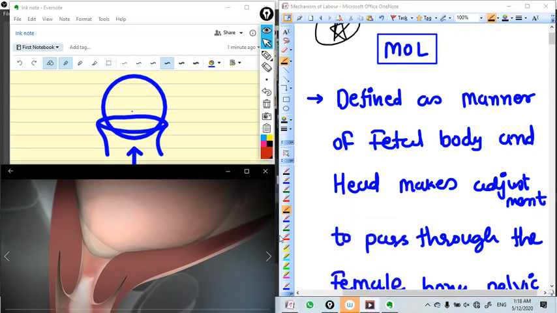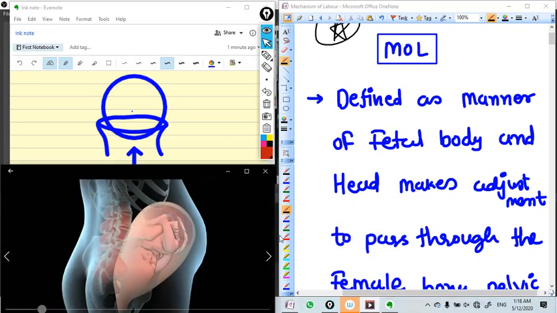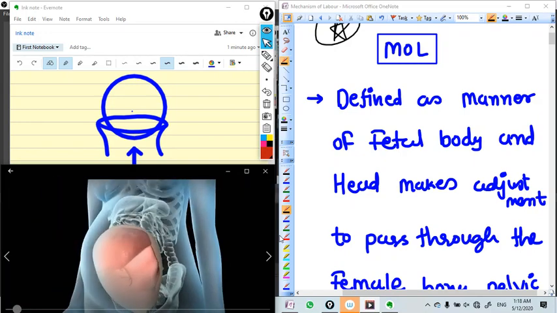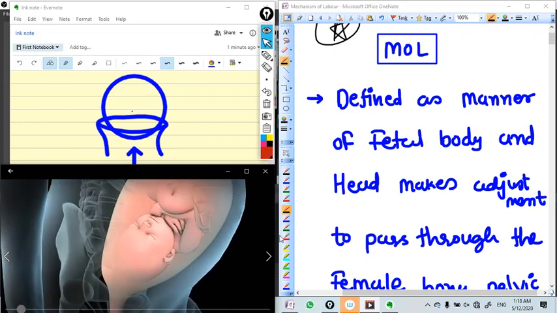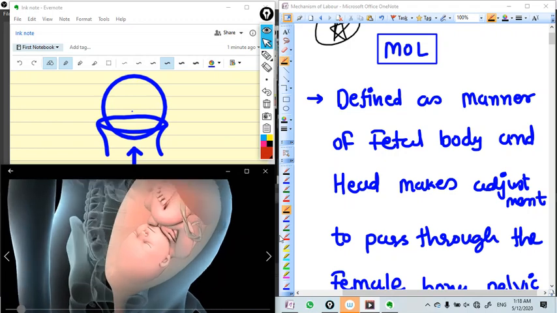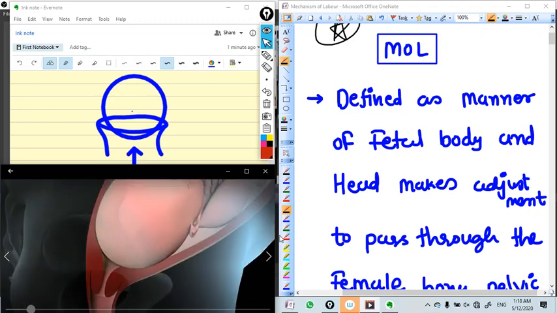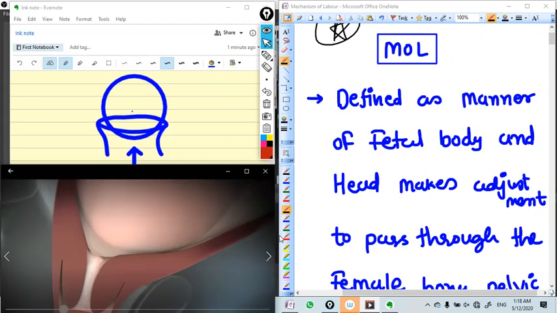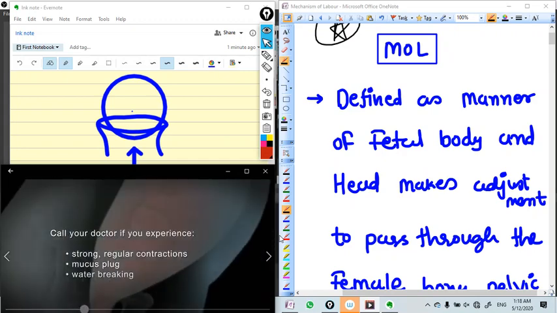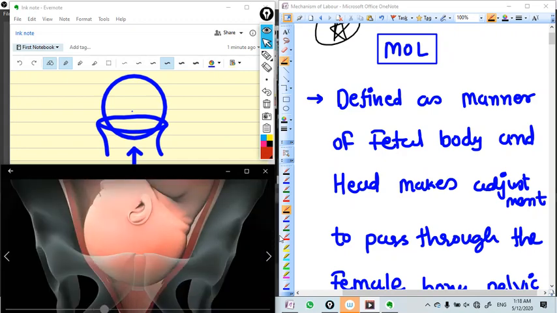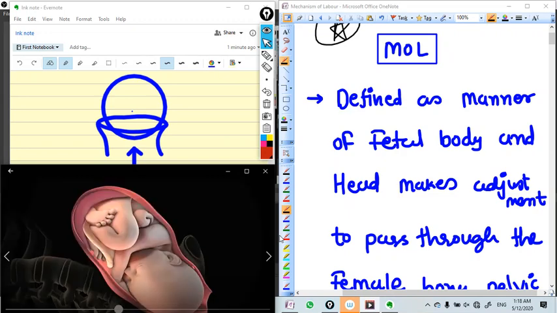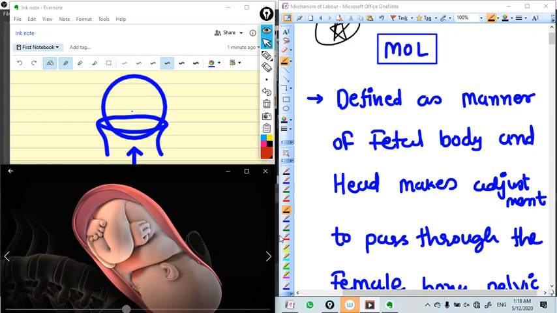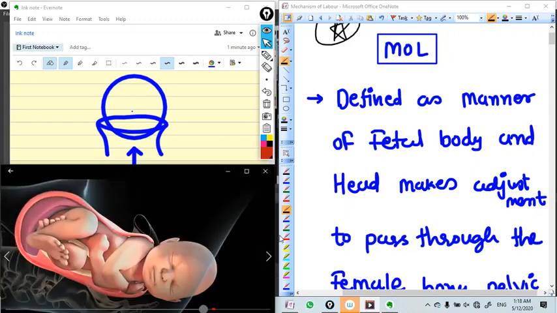I want you to give attention in this video. See, this is the baby inside the uterus. You can see here. Now what I want is that the baby should go inside the pelvis. See, the baby goes inside the pelvis, then rotates and then comes out from the pelvis.